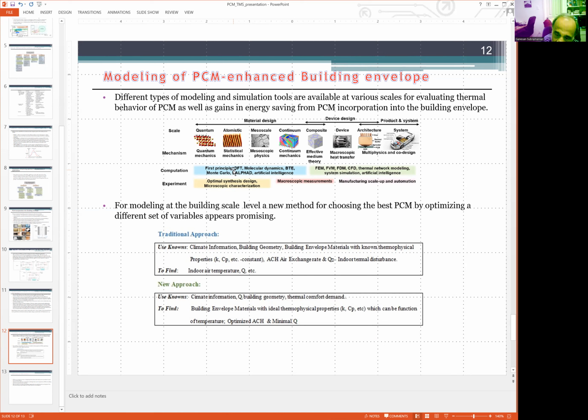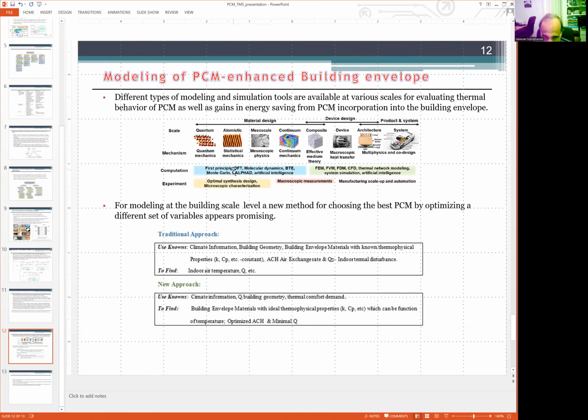Now, for modeling at the building scale level, a new method has been developed for choosing the best PCM. And here it involves picking a different set of variables, and this approach seems to be promising.